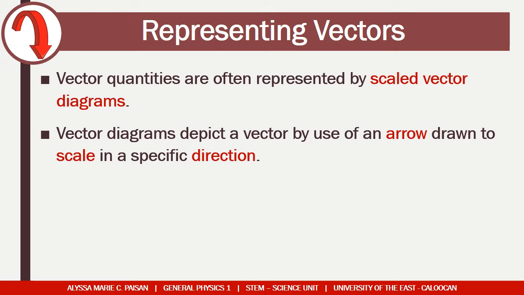For example, every 1 centimeter is equal to 1 kilometer. So if you're going to draw or measure the vector, that should be your scale. You should convert it into its real measurement. Because we can't draw kilometers on a paper, right? Because that's very long, right? So we use a scale so that it would be smaller and easier for us to visualize.